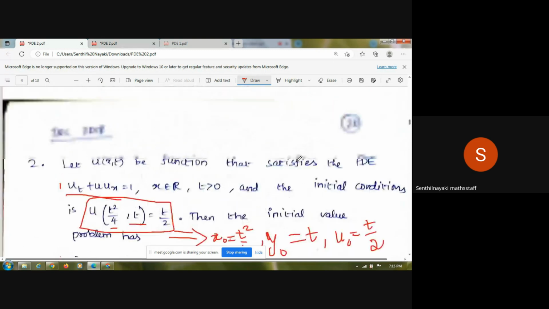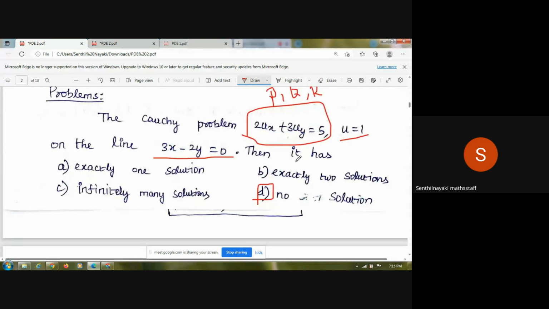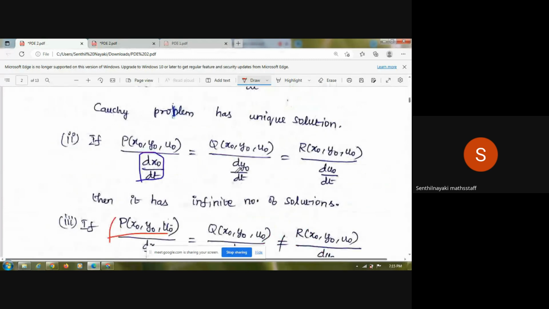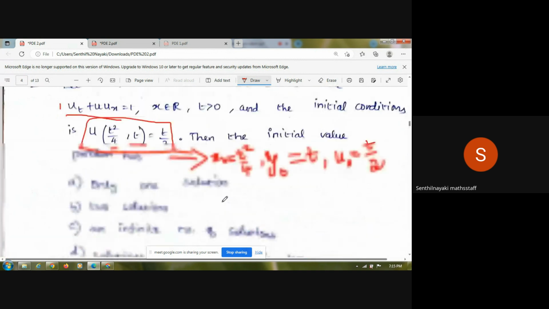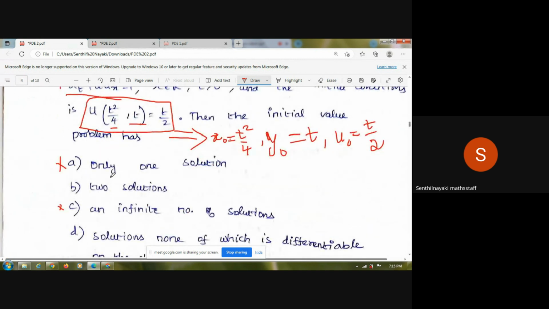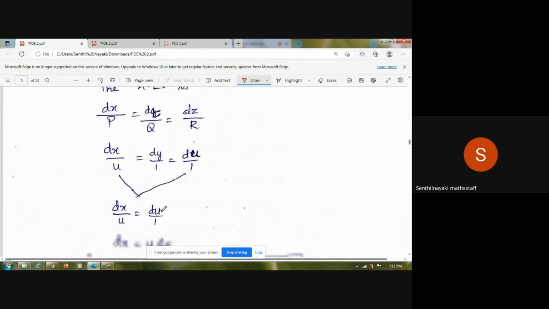Yes, here no unique solution. Okay, I will check and give the correct sentence. So here the first and third one is wrong. So only one solution and infinite number of solutions is wrong. So A and C are wrong.